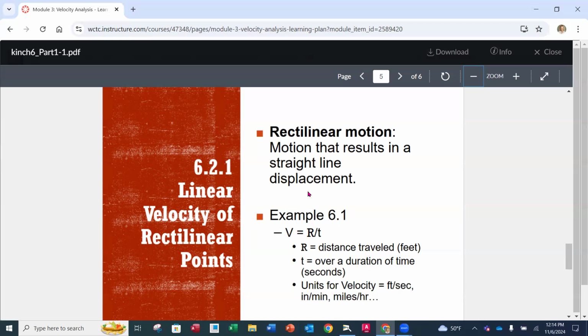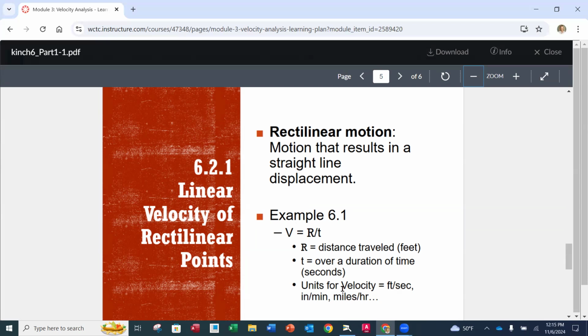So V is equal to distance divided by time. In this case, again, they're using the variable capital R here. I don't know exactly why; this is unique to this textbook. Normally I'll see it as D, lowercase d, or even S is another popular one. So in this book they use capital R, divided by the amount of time.